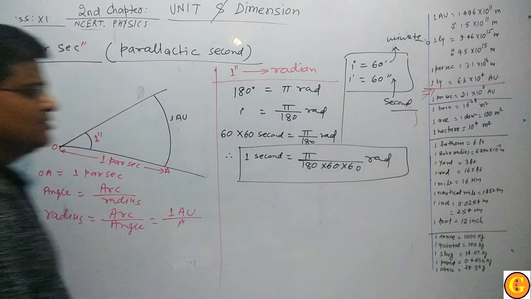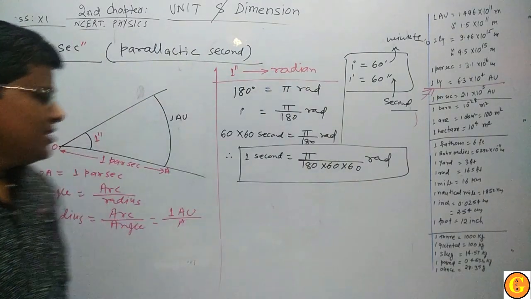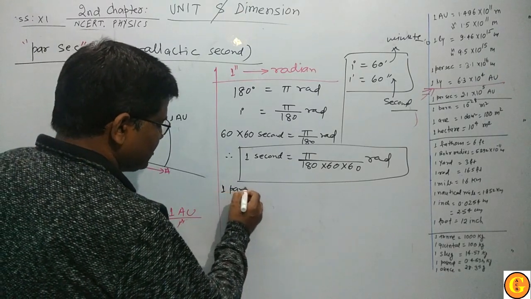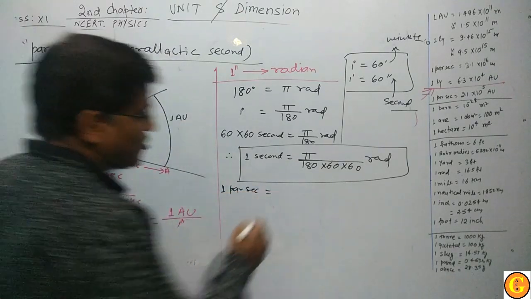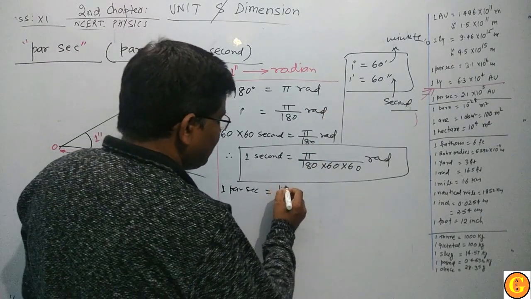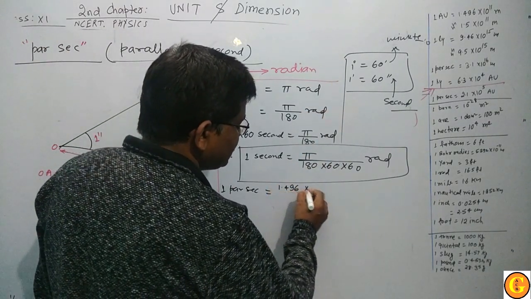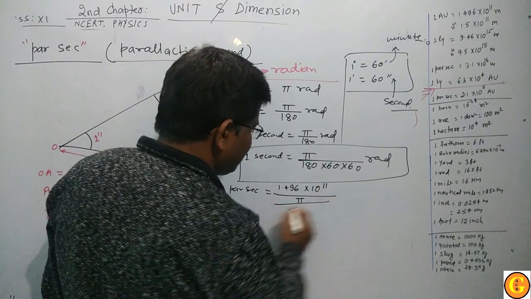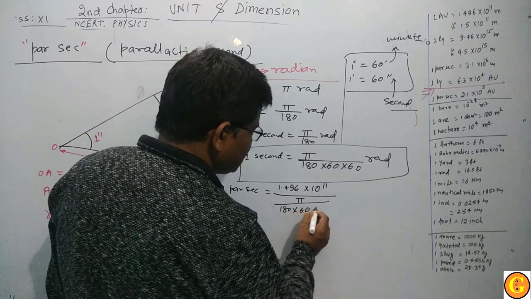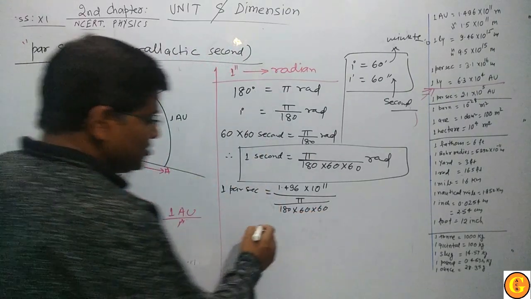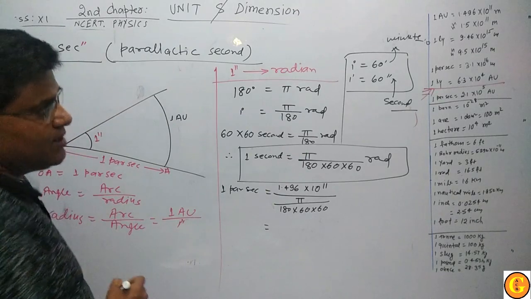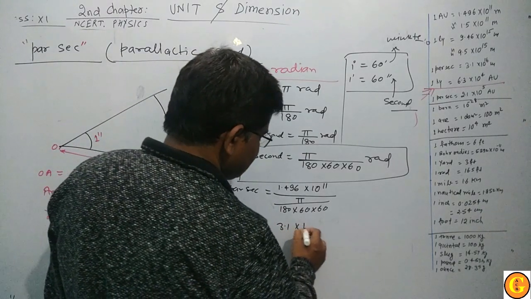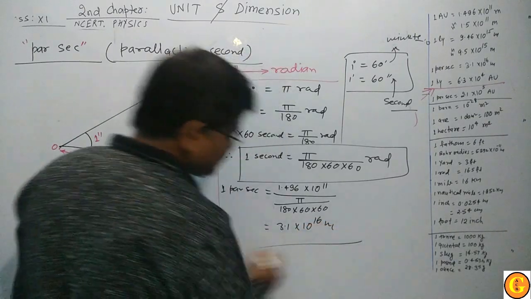Now you may put the value: 1 parsec is equal to 1 astronomical unit, 1.496 into 10 to the power 11 upon pi by 180 into 60 into 60. You will get the value of 1 parsec equal to 3.1 into 10 to the power 16 meter.